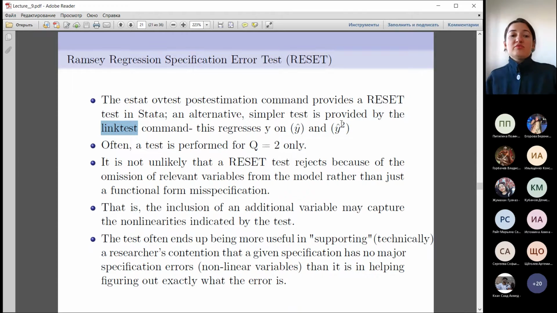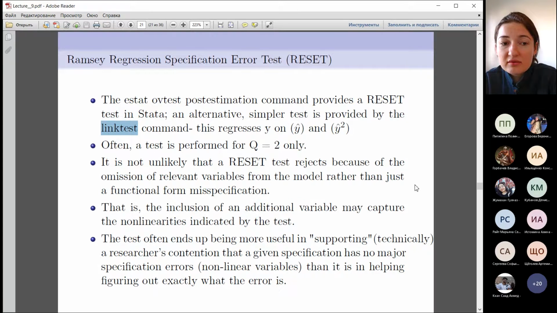And you should remember, after you run the Ramsey test, and after you take a look at the statistic and at the p-value associated with this statistic, while the Ramsey test is really very easy to use, you must use this test only as a signal that a major specification error might exist.